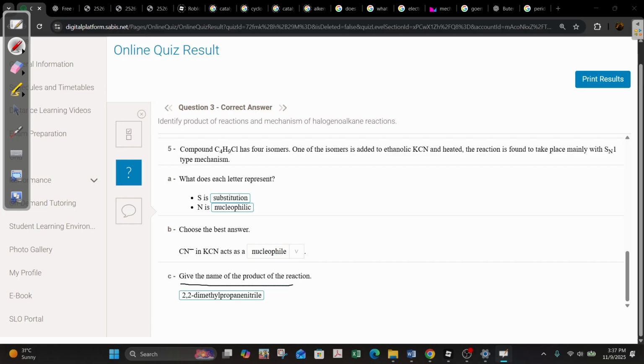Now, give the name of the product of the reaction. When this reacts with KCN, it says it has an SN1 reaction. So what are we looking for? We are looking for an isomer of C4H9Cl which forms a tertiary carbocation. Which one is that? It will be this one. Cl will be here, and the carbon has CH3, CH3, CH3.